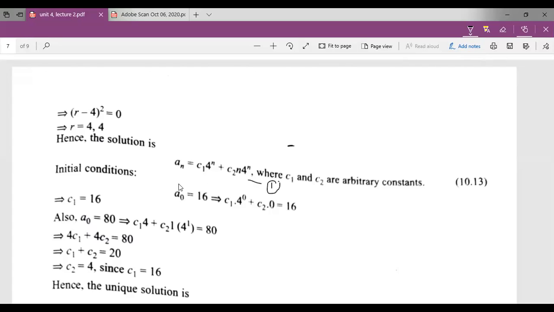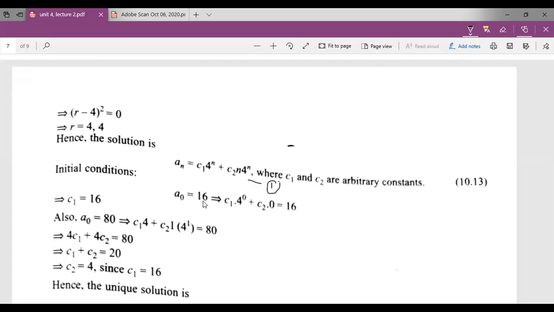We solve those two equations, we get the C1, C2 values. So first, put n is equal to 0: a naught is equal to C1 4 power 0 plus C2 4 power 0.